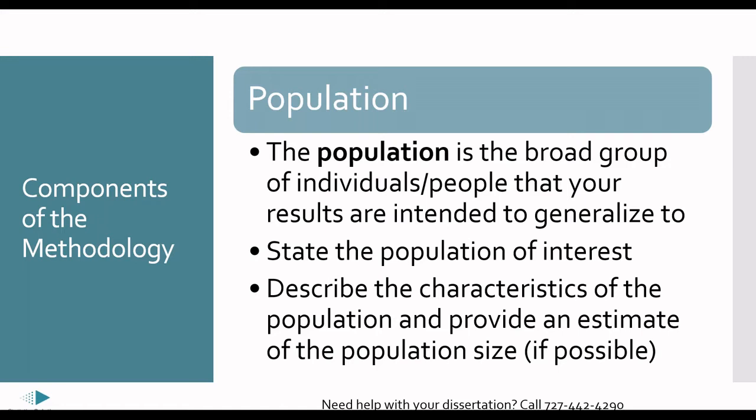If you were studying fish in the ocean, the population might be the entire ocean, and your sample might just be an aquarium containing a couple of different types of fish from that ocean. So the population is the broader group of individuals that you're generalizing to.